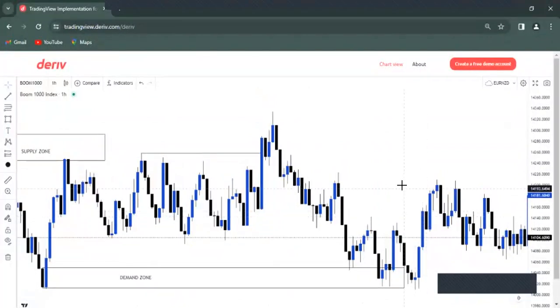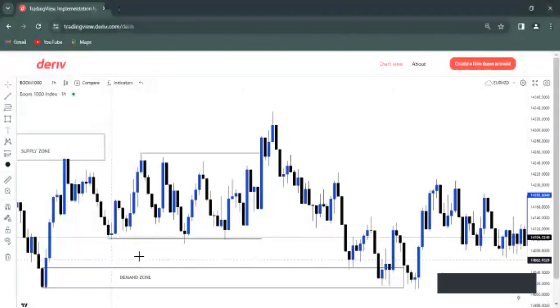And supply and demand are also there to sweep the liquidity. Once liquidity is secured, we are going to enter our trades. So we had the sell side liquidity. I hope you still remember sell side liquidity.